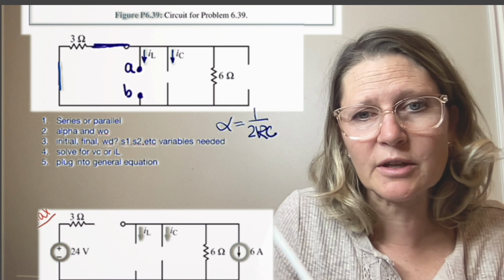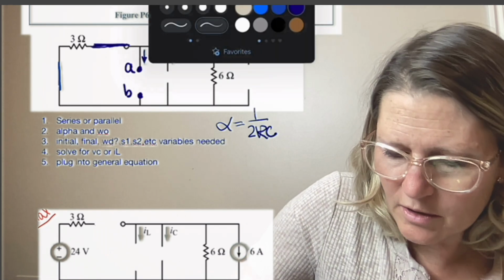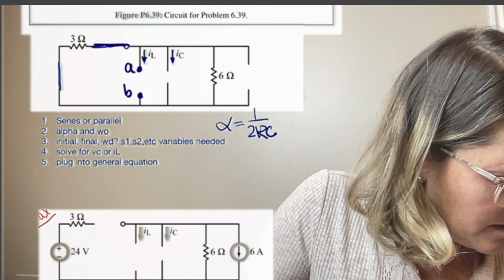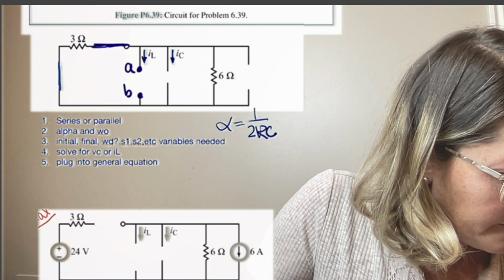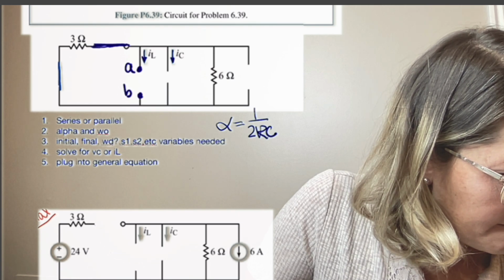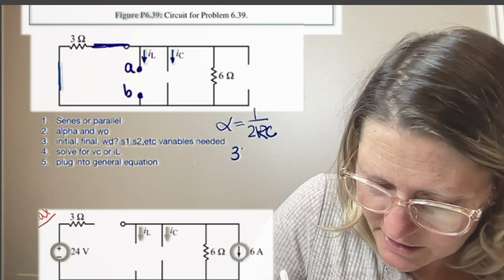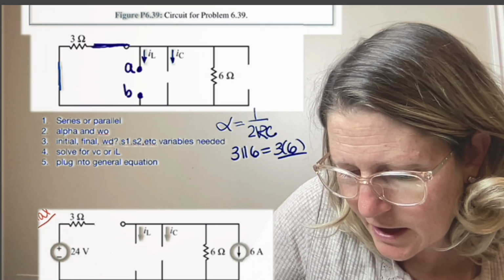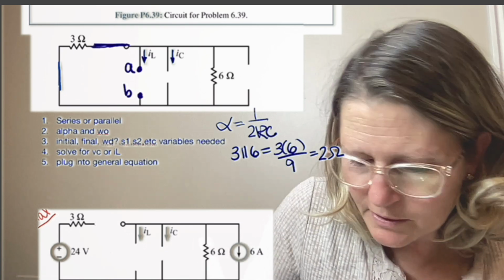So 3 ohms is going to be in parallel with 6 ohms, which equals 3 times 6 over 9, which ends up being 2 ohms.